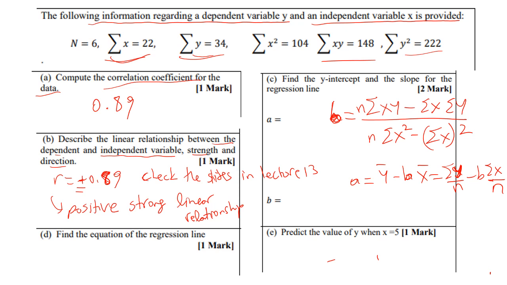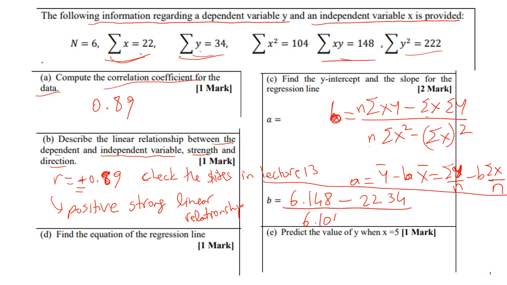Now let's use the formulas here. B will be N times sum of xy, 6 times 148, minus sum of x times sum of y, this is 22 times 34, divided by n, which is 6 times sum of x squared, 104, minus sum of x squared, 22 squared.